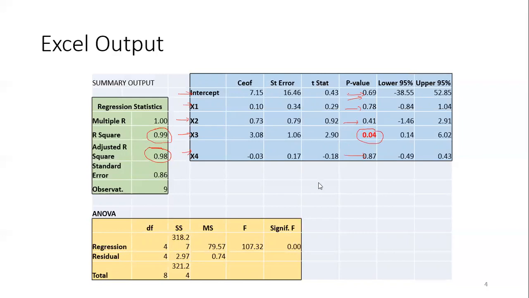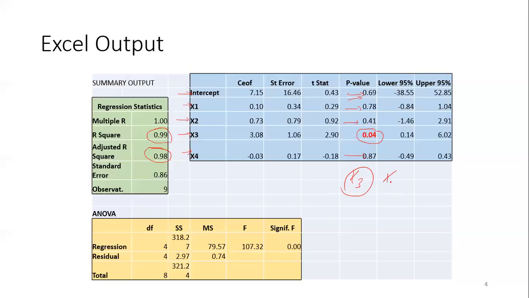So this one says that, when you add x3, it has a valuable contribution to the model. So let's try to fit a model with x3 only, because of adding x3 to the existing model.